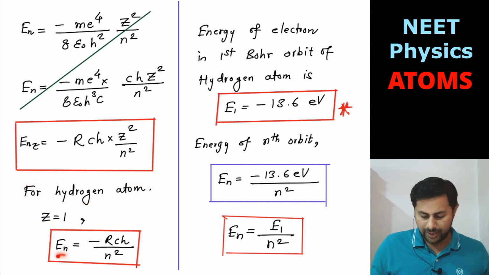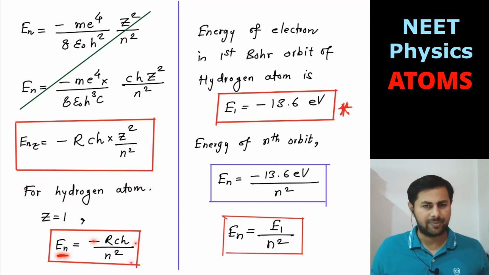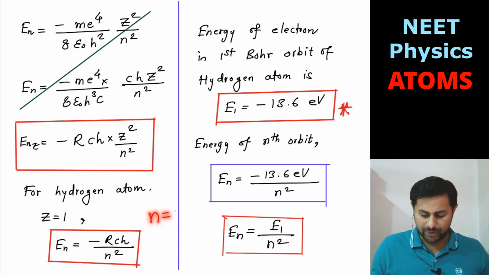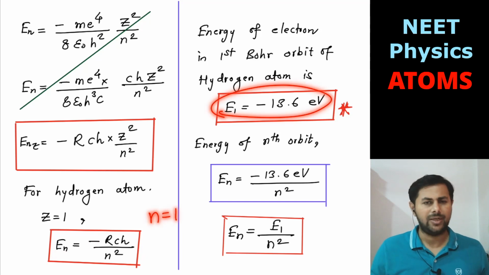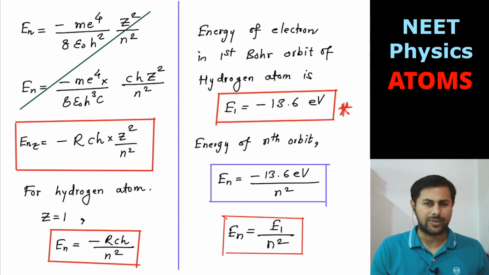What do you get? E_n is equal to minus RCH by N square. If you put n equals 1, you get E1 is equal to minus 13.6 electron volts. So what would be the energy of the nth orbit?